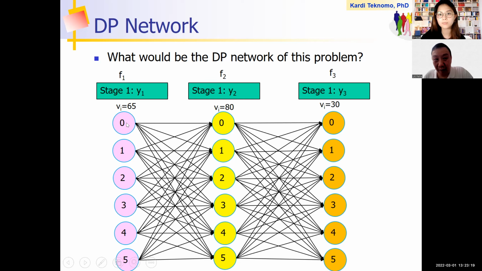And then, of course, the link here is just the sequence. And then you know the value is 65, 80, and 30. Can you reverse? For example, 30 is item A rather than item C. Possible, right? So the order does not matter in this case.